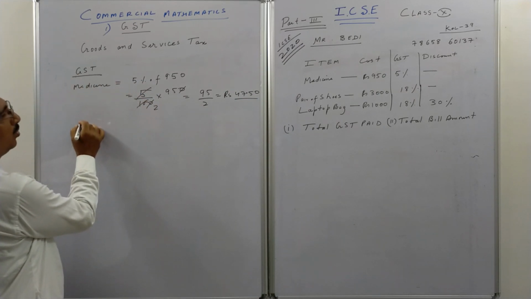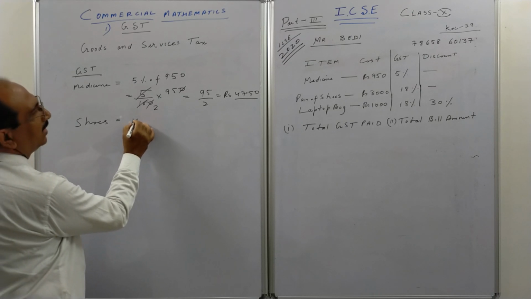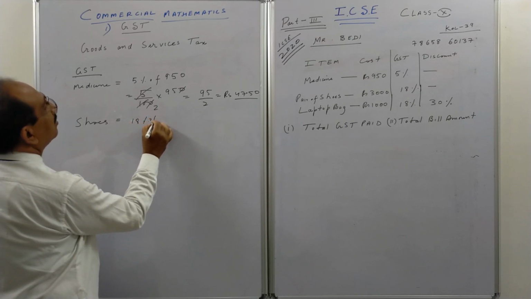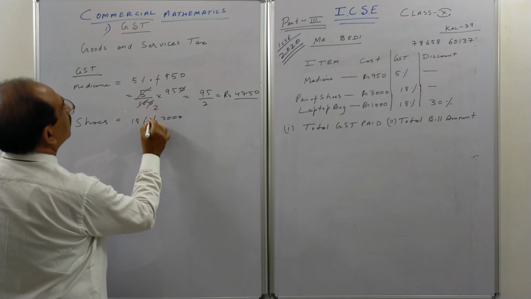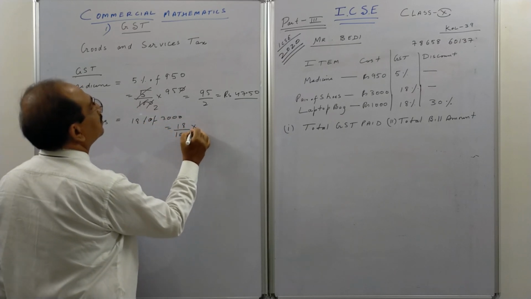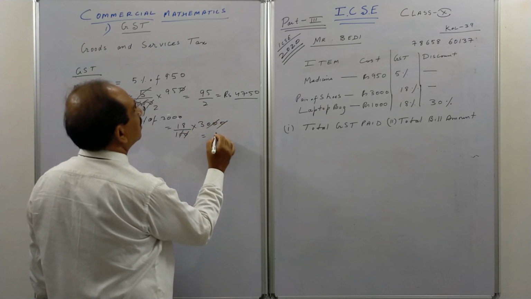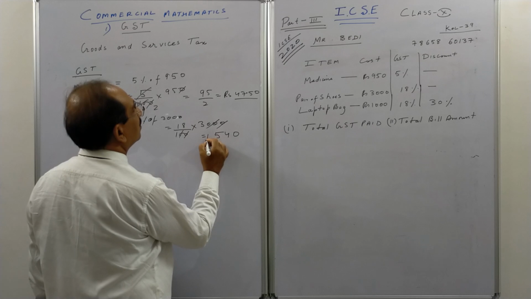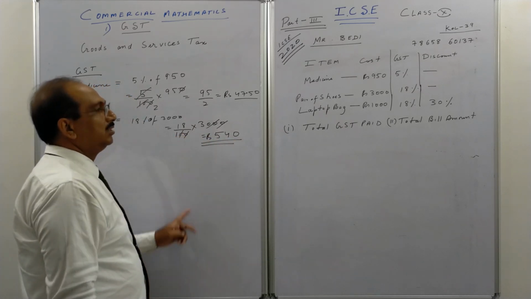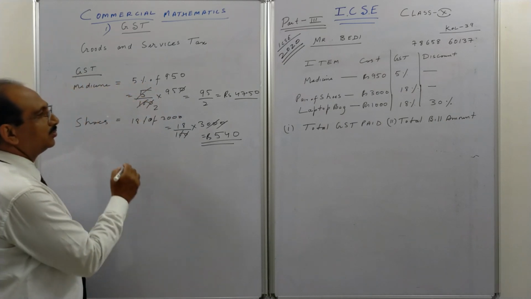Next we move on to shoes. Shoes, children, is 18% GST. Very costly shoes, children, 3000. So 18 by 100. When zeros are there, it's very easy, children. 18 threes are 54, 1 0. So 18% of 3000 is 540 rupees GST on a pair of shoes.